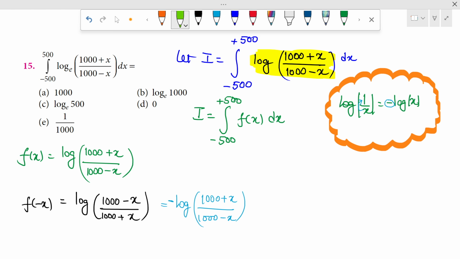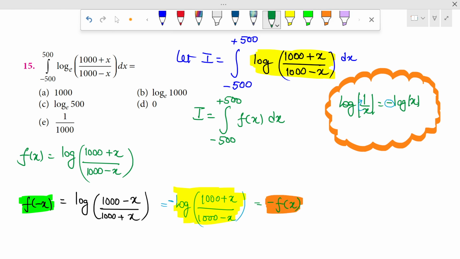Now if you closely look, isn't this my f(x)? Like this, log of (1000 plus x) by (1000 minus x). Yes, this is my f(x). So I can have it as minus of f(x). Now you can see that f of minus x is equal to minus of f(x).